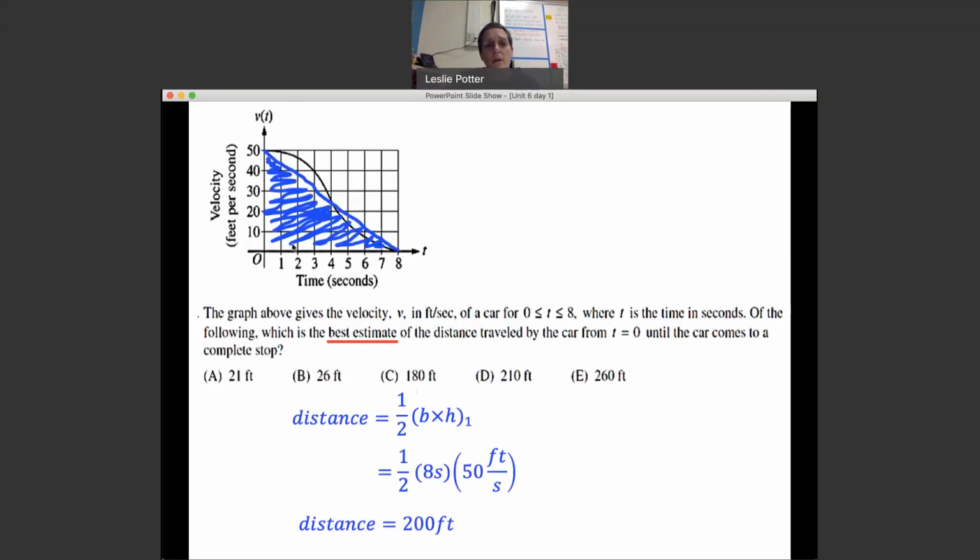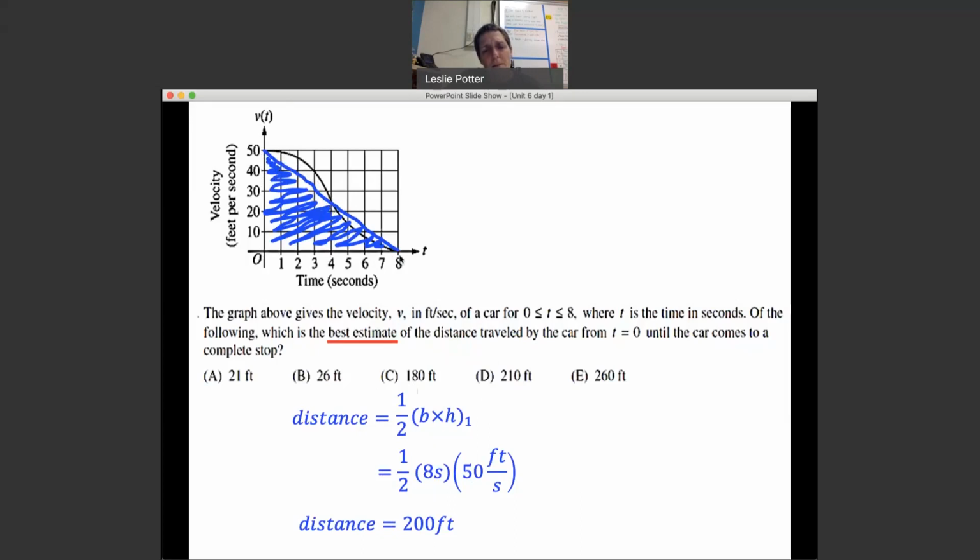If we look at the first 4 seconds here, this is actually like a little trapezoid, right? Well, we definitely underestimated by a significant margin here, right? So this is definitely significantly small.